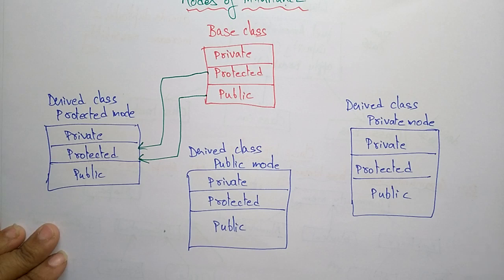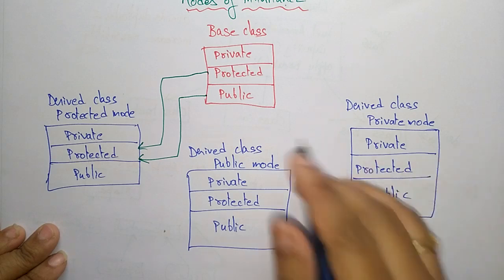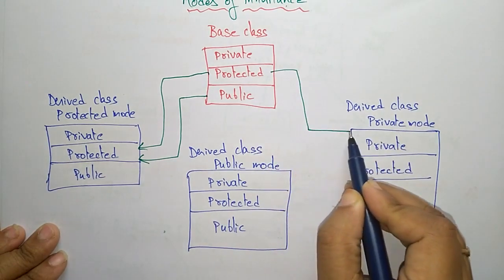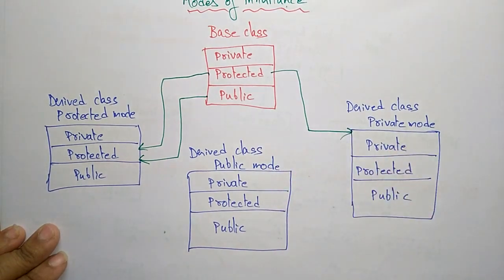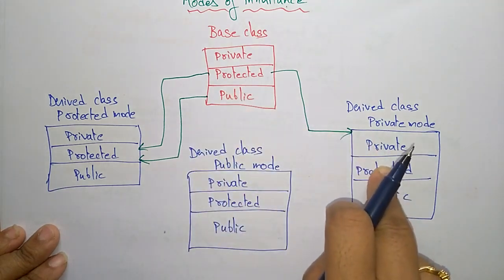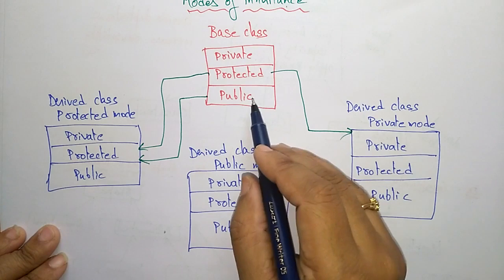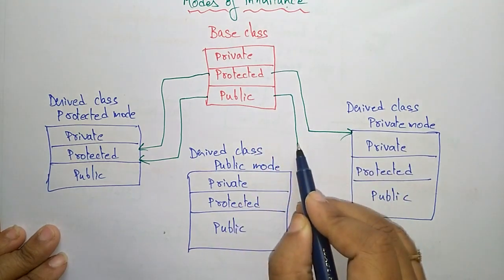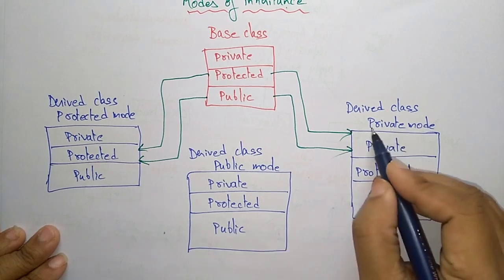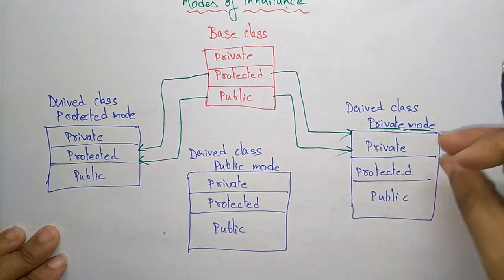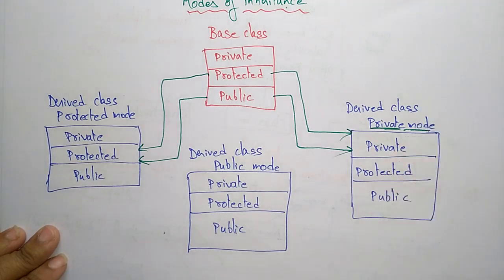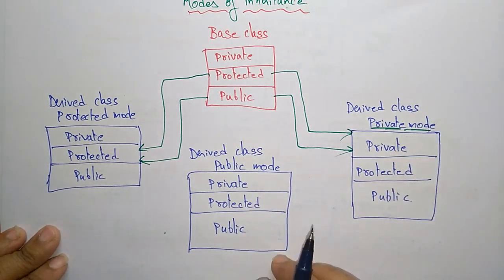Coming to private: if your base class values are protected, when it comes to the derived class private mode, it should compulsorily be private. In the same way, when the base class is public, when it comes to the derived class private mode, it should compulsorily be private. So whenever the derived class is in private mode, all the variables inherited in the derived class should be private. Now coming to public.